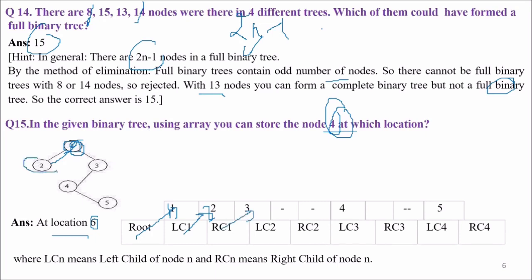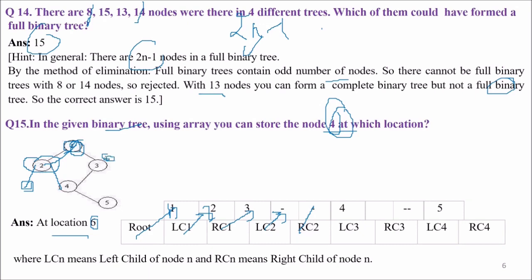When this is over, we go to the left child of 1, that is 2. What is the left child of 2? That is a leaf. There is no left child, so we place null here. What is the right child of 2? Because this is a binary tree, we have to keep all these values, since sometimes they will come. It is nothing, so we keep null here.